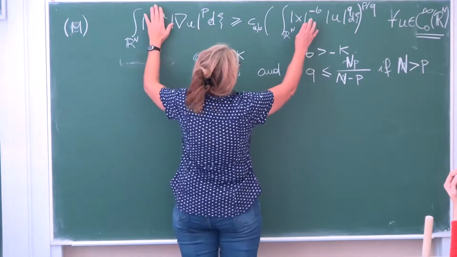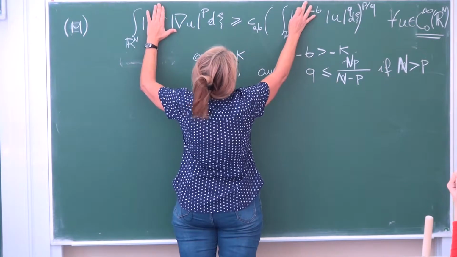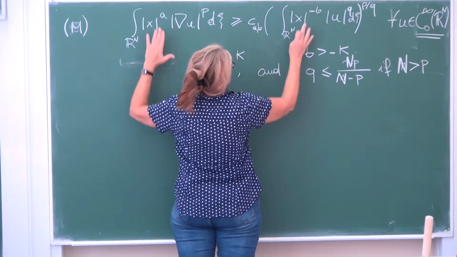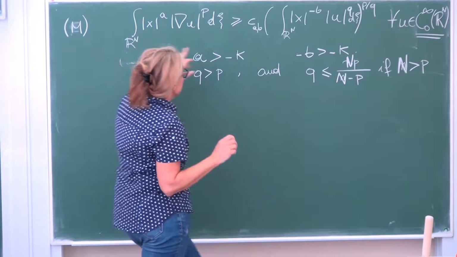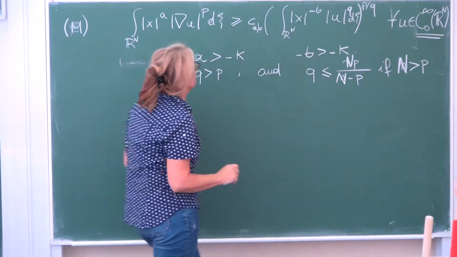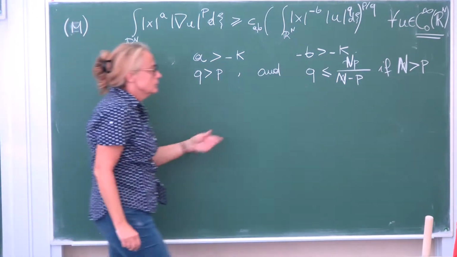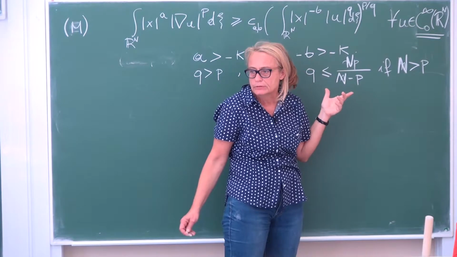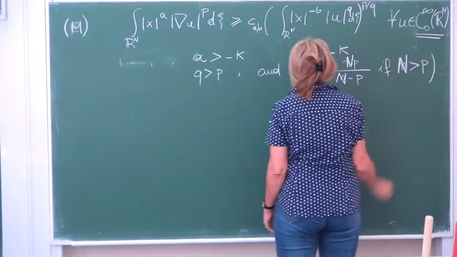So if this inequality does not hold for any u with a positive constant, you cannot hope that it holds for supercritical q. I think you are quite familiar with the Sobolev inequality. In any case, we will need this also in the proof.